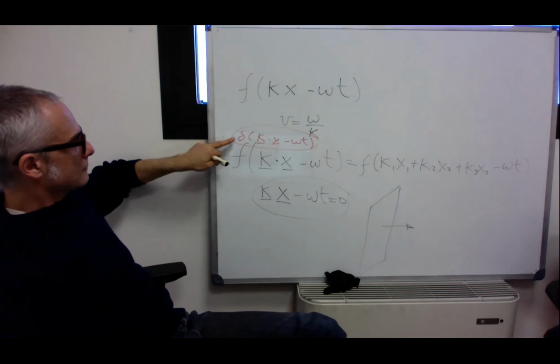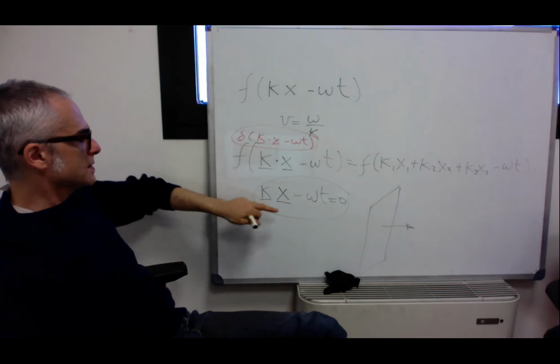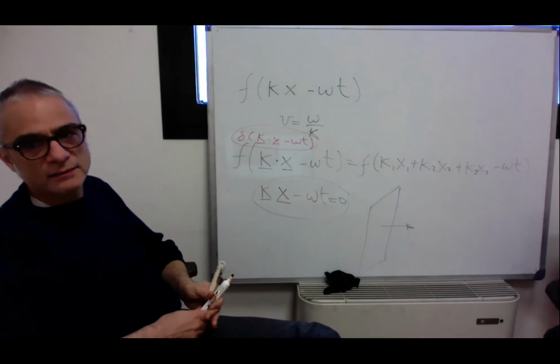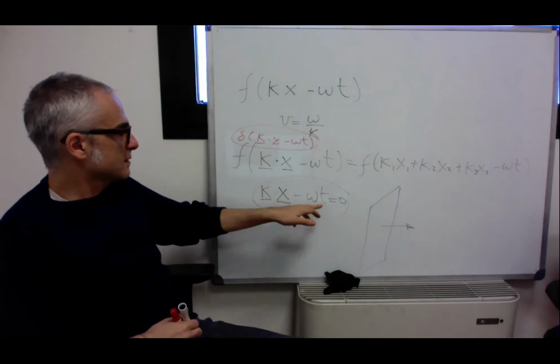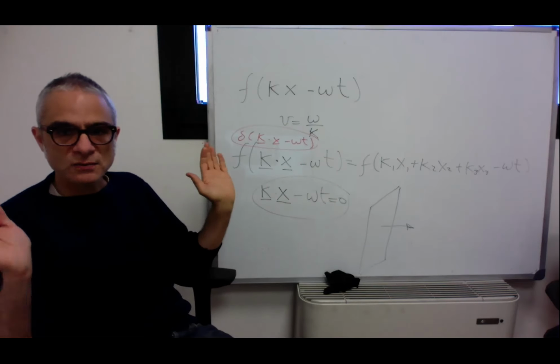So in that case, this equation would basically identify the points that are moving at a given instant in time while the rest of space is not experiencing any disturbance.